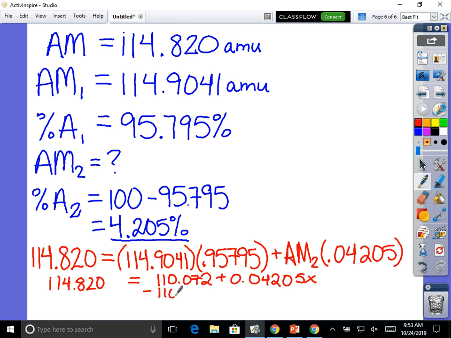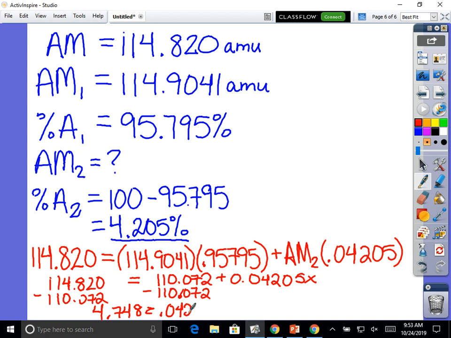If I subtract 110.072 from both sides, 114.820 minus 110.072, I get 4.748 equals 0.04205x.